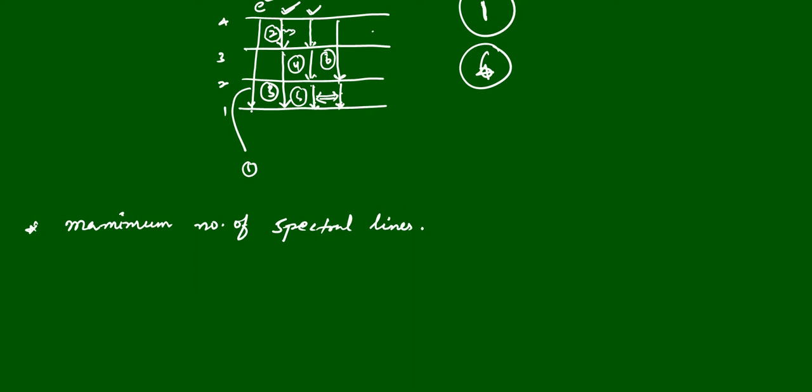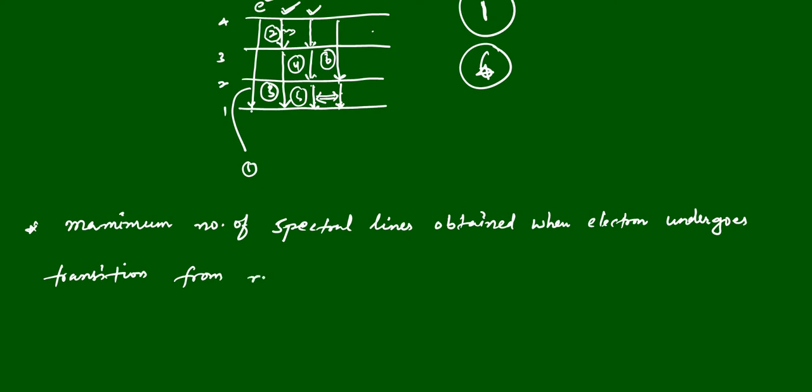Maximum number of spectral lines obtained when an electron undergoes transition from the nth orbit, we don't know, somewhere in the nth orbit, to the ground state.